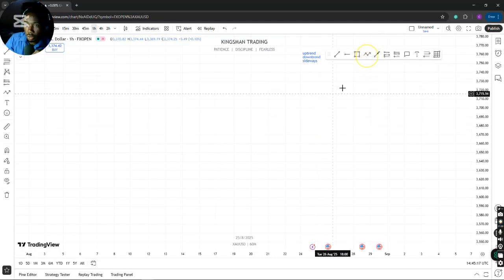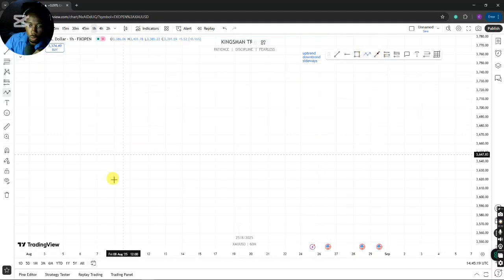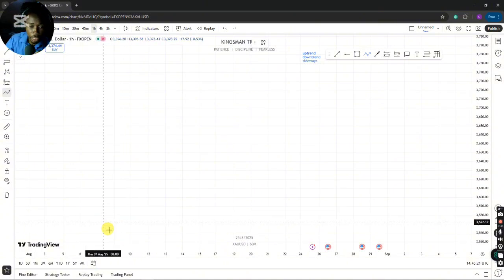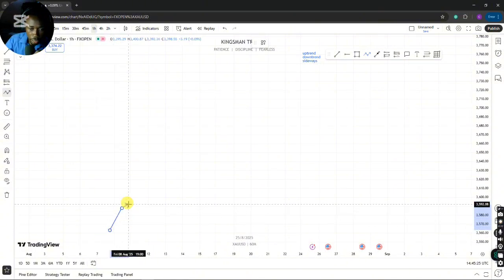Now for an uptrend, it's a situation whereby we see price create a series of higher highs. You see price create a high, and then it creates a low that fails to break the previous low, and then it goes up again to break the previous high, creating another higher high. Then you have another low.